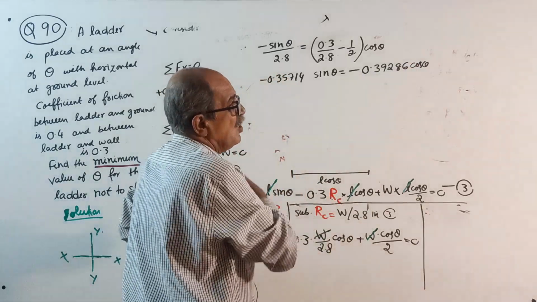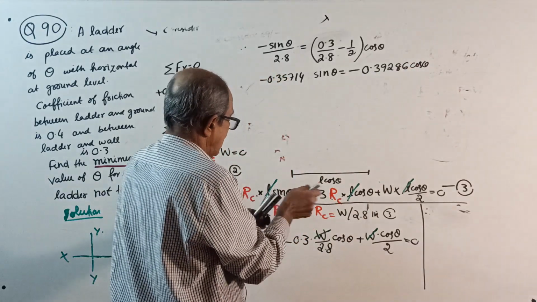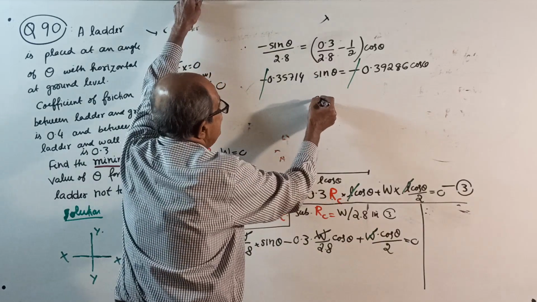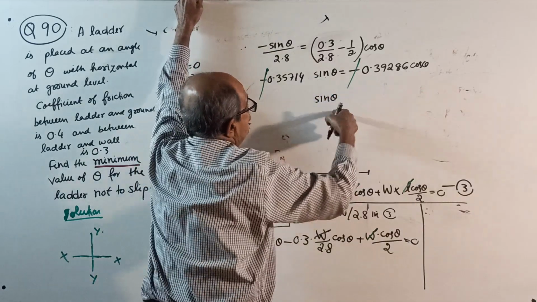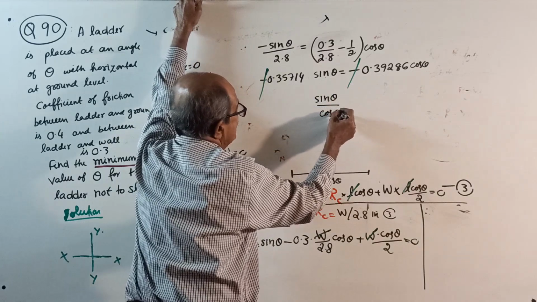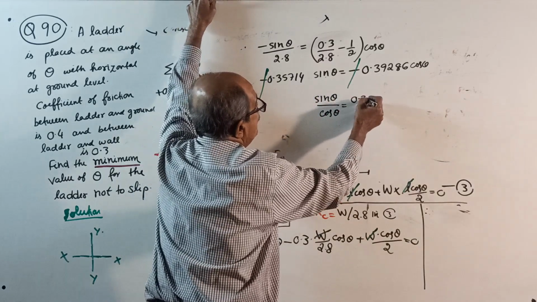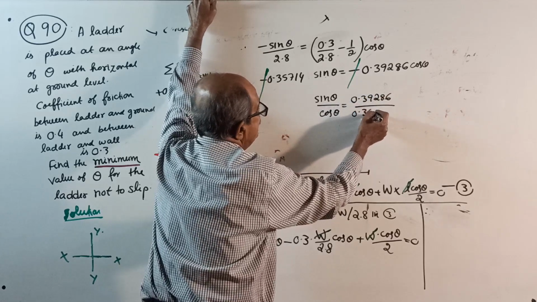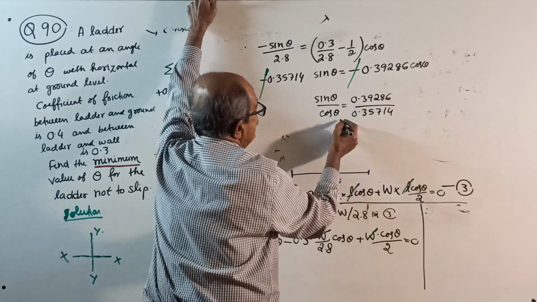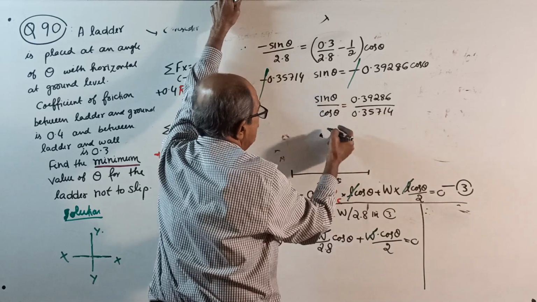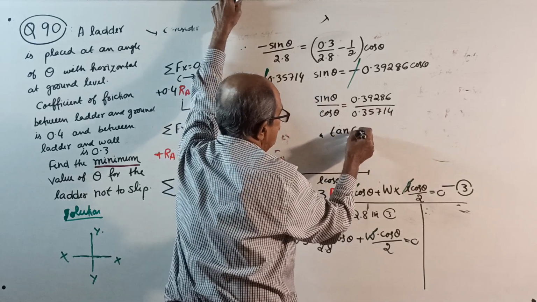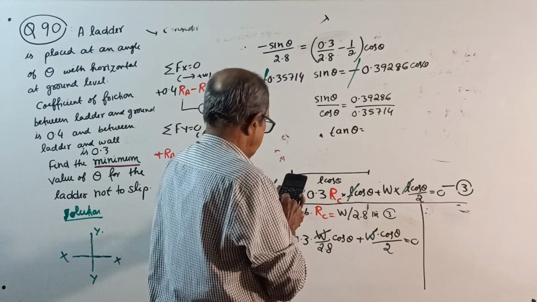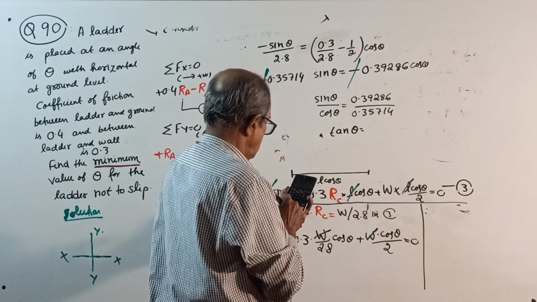So this much common sense should be there. This is high school mathematics. Minus will cancel. Sin theta divided by cos theta, which is tan theta, equal to 0.39286 divided by 0.35714.